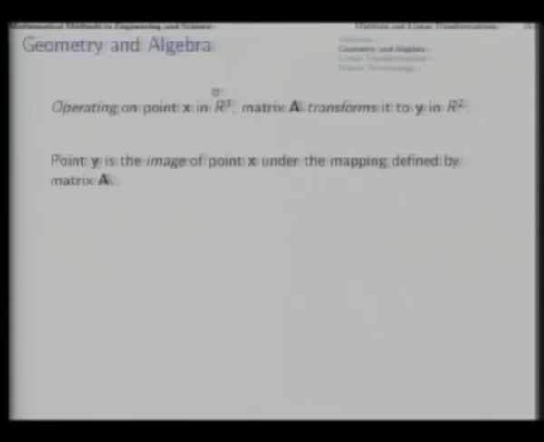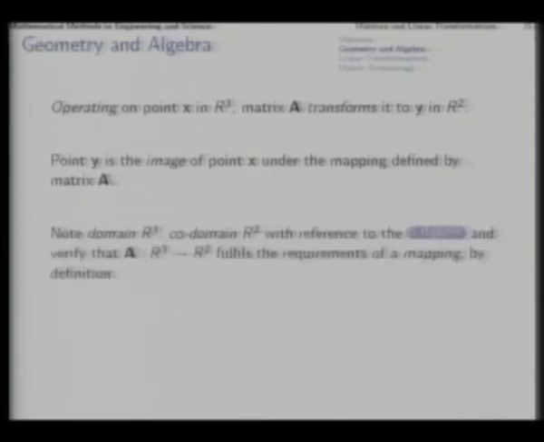So, here the matrix A is operating on point x in the 3-dimensional real space and transforming it to a point y in a 2-dimensional space, that is a plane with real coordinates. And we say that point y is the image of point x under the mapping defined by matrix A.